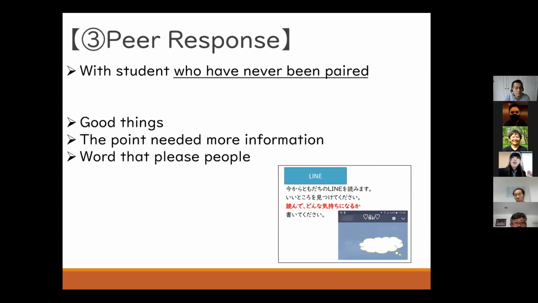And then the students talk about these points about their essay, their composition.